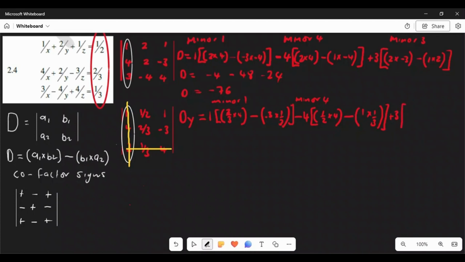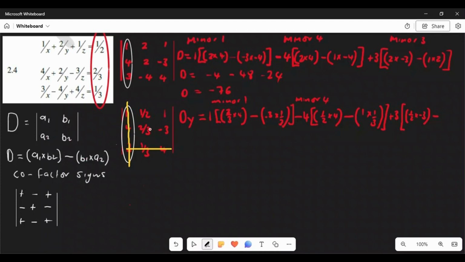I know you guys are in a rush, but let's try to understand what we are doing here. The formula is a1 multiplied by b2. In this case, our a1 is half, and b2 is negative 3. So it's 1 over 2 multiplied by negative 3, minus b1 multiplied by a2.